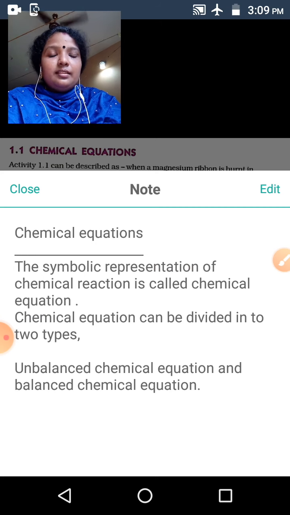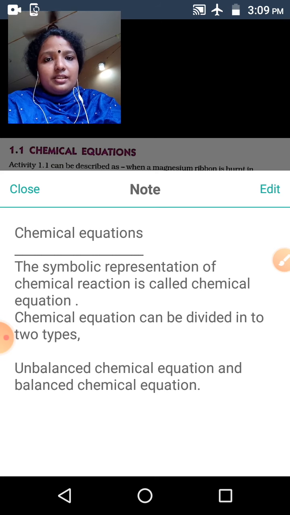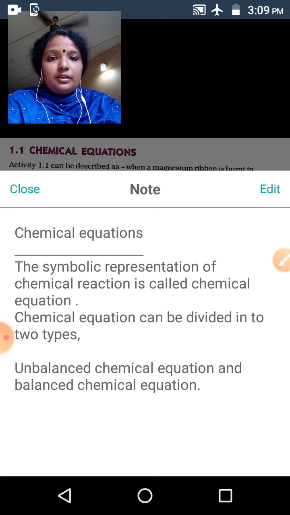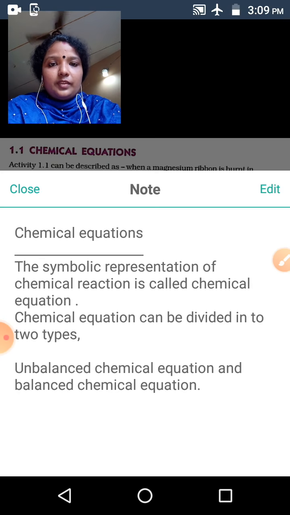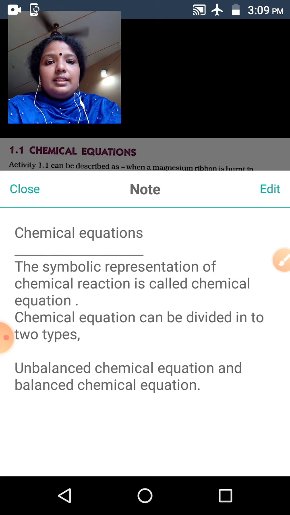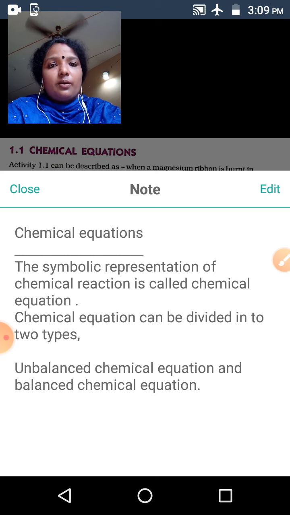There are two types of chemical equations: balanced chemical equations and unbalanced chemical equations. Once more, the symbolic representation of a chemical reaction is known as a chemical equation.